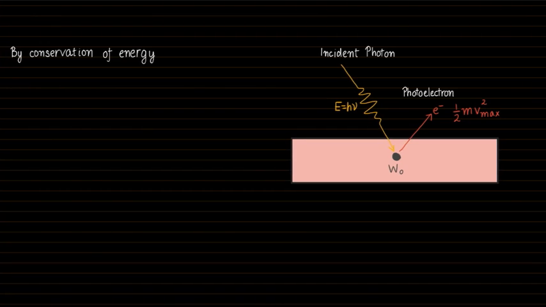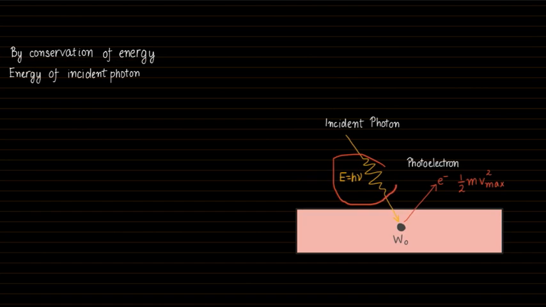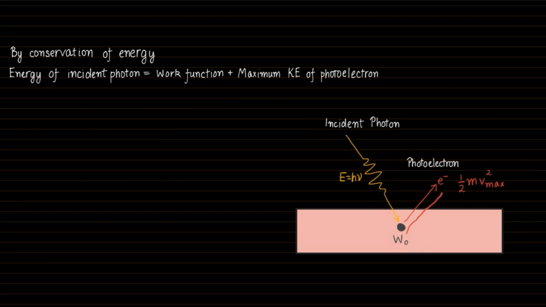By conservation of energy, the energy of the incident photon should be equal to the energy absorbed by this photosensitive material to emit this electron, which is your work function, plus the remaining energy which this photoelectron takes with itself, which is half m v max square, the maximum kinetic energy of the photoelectron.